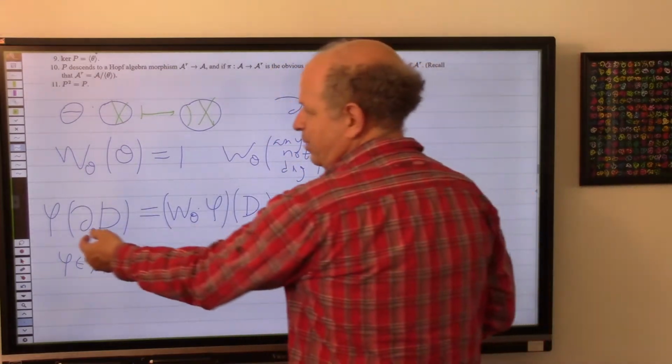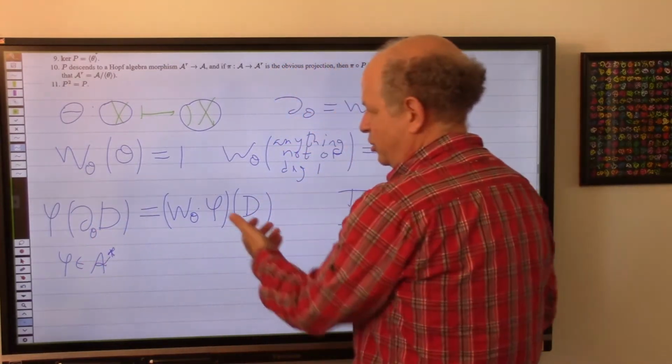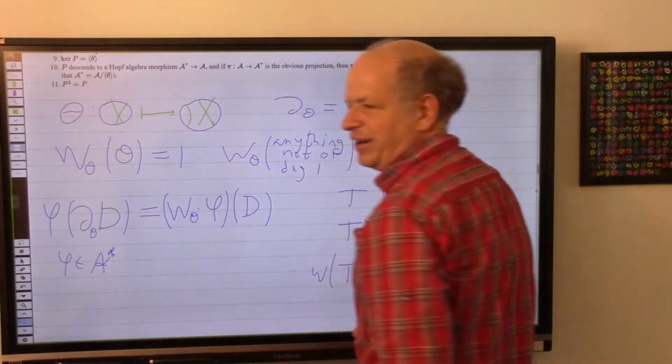This is the defining property. This is how d theta should be defined. It should satisfy this for every phi.